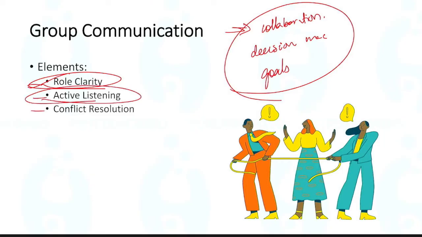Then active listening means all the members have to listen to each other actively. For a group to work properly, every person has to engage in conversation, listen to others, and not only listen but also respond properly. If we have certain opinions, we have to put them forth. We can't just keep them inside, as later on it might create other conflicts.